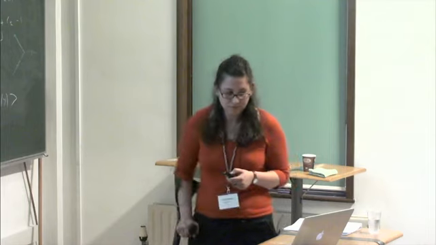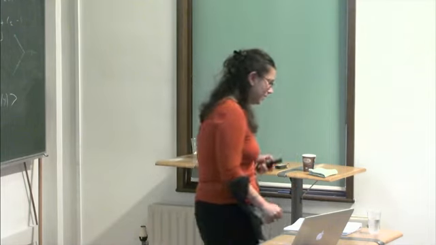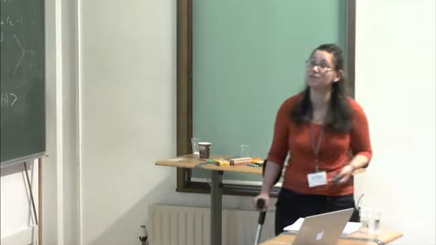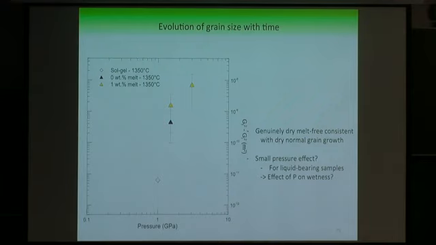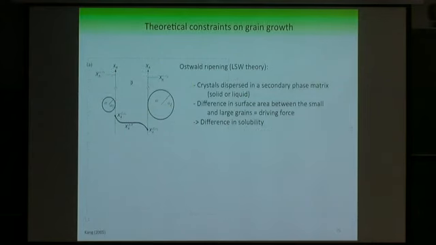So now that I've had my experimental grain sizes, what's interesting is to get a grain growth equation, right? So I'm going to talk now a little bit about the theory in case of liquid-bearing aggregates. So there's a well-known theory, which is known as Ostwald ripening, or the LSW theory, for the authors who wrote down this theory.